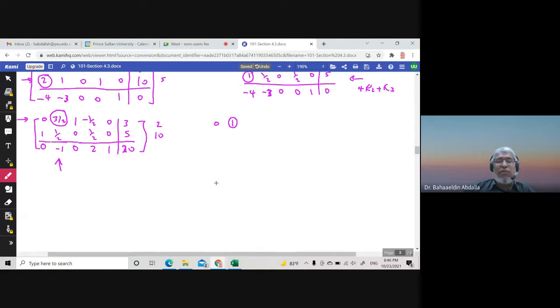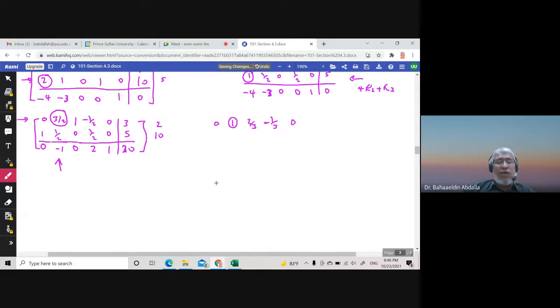It is the pivot entry. Multiply by 2 over 3. 2 over 3 times negative half. Please always use the calculator not to make mistakes. Then 0.